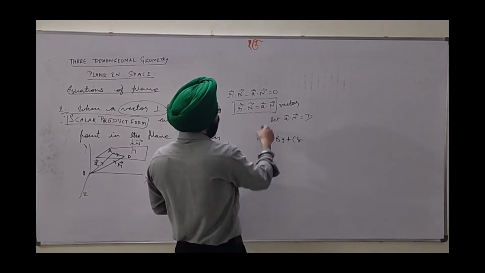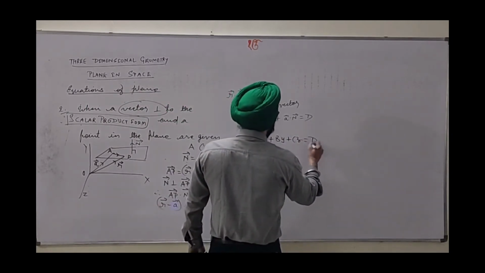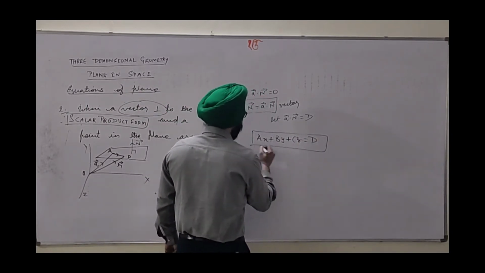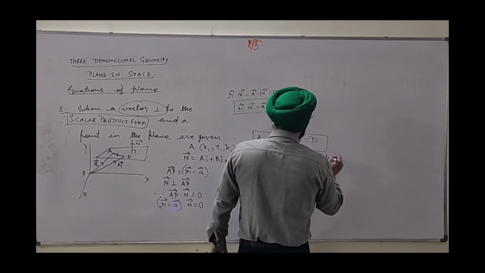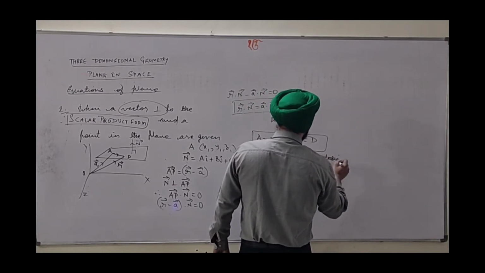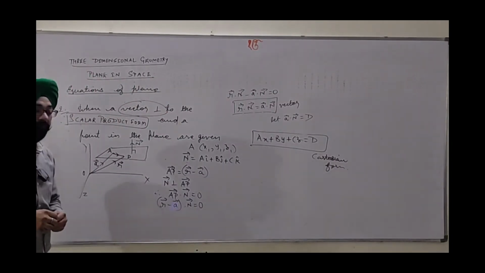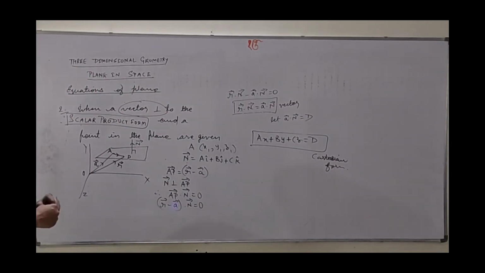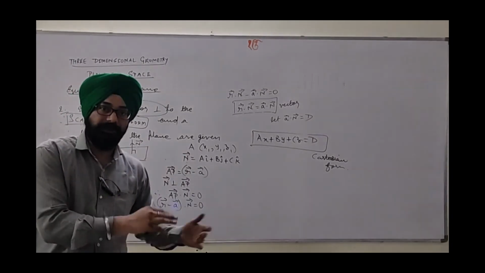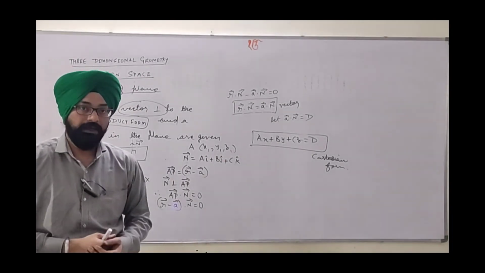And this product I have taken as capital D. So here I have written the Cartesian form required in the given condition. These two we have to keep in mind, the vector and Cartesian patterns of the scalar product form. Conditions are important. We have to keep in mind what condition is given, and accordingly we will apply these forms. I hope you get it.